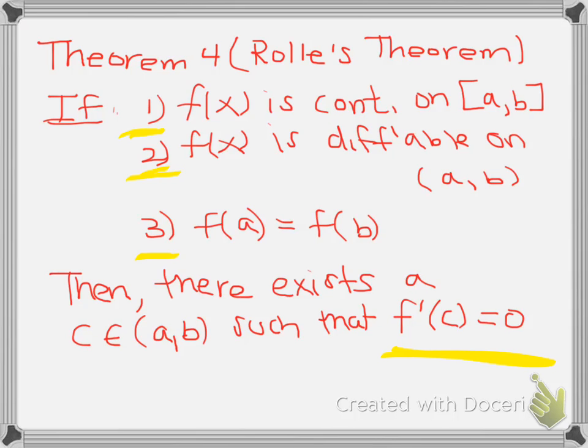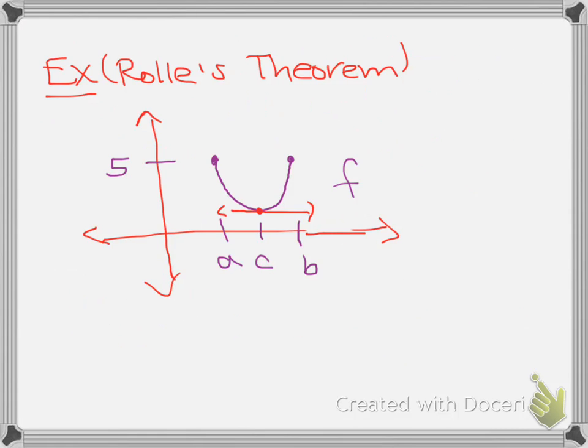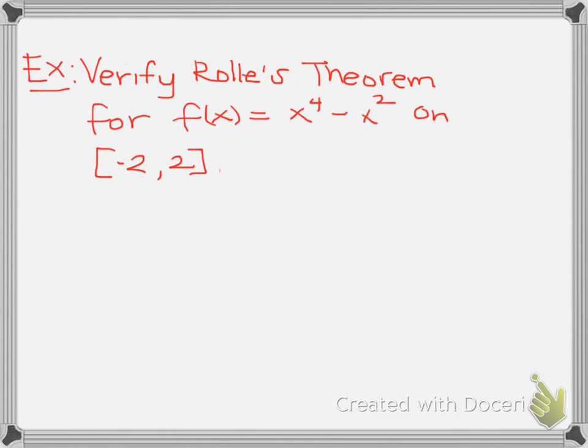That just means we need to take our derivative and set it equal to 0. If we get at least one value, you could get more than one, where the derivative equals 0, then we've verified Rolle's theorem. Let's go ahead and do that.